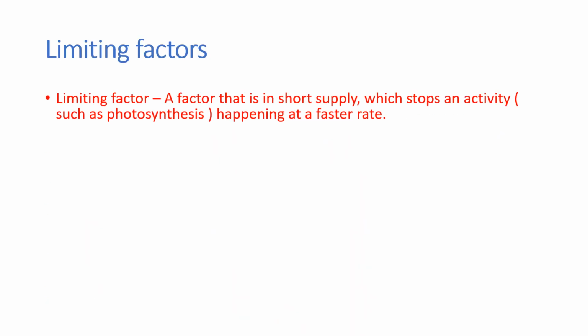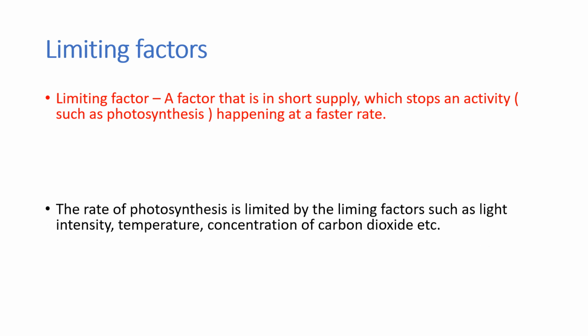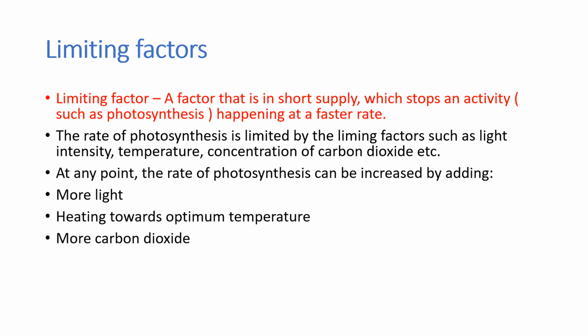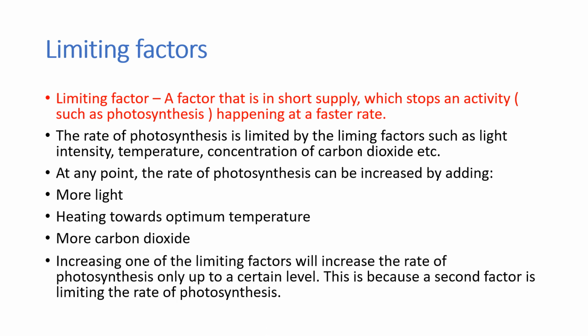Limiting factors. A limiting factor is a factor that is in short supply which stops an activity happening at a faster rate. For example, the rate of photosynthesis is limited by the limiting factors such as light intensity, temperature, concentration of carbon dioxide, etc. At any point, the rate of photosynthesis can be increased by adding more light, heating towards optimum temperature, and providing more carbon dioxide.